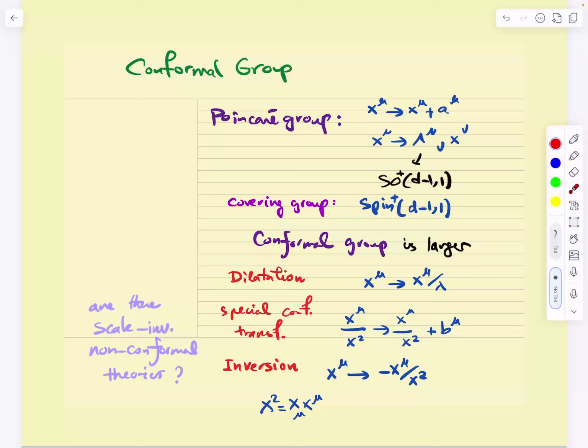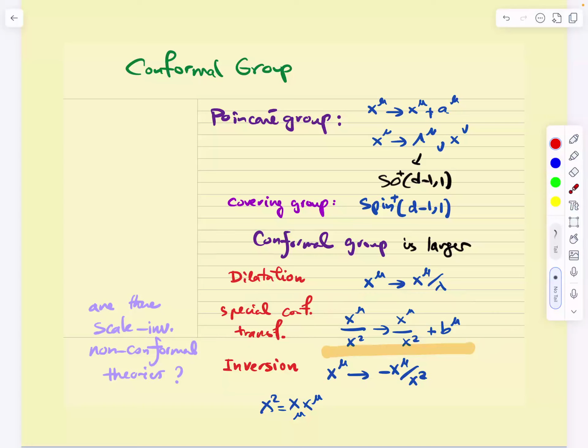The conformal group is larger. In addition to these Poincare transformations, it has dilatations, this transformation. It has special conformal transformations, which is x^μ over x squared going to x^μ over x squared plus b. This is a compact and useful way of memorizing special conformal transformations.